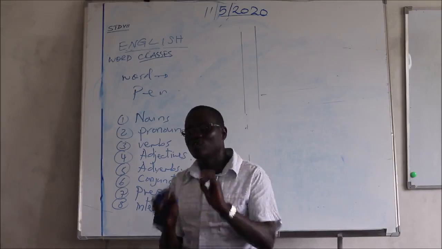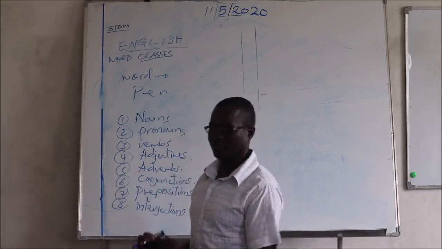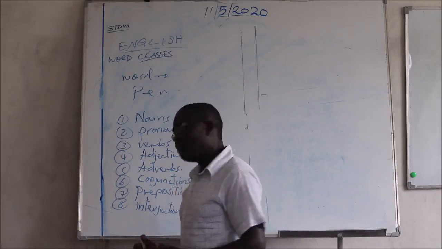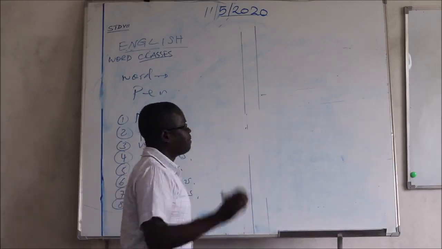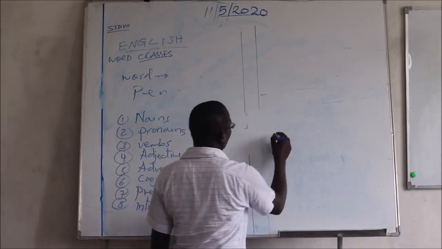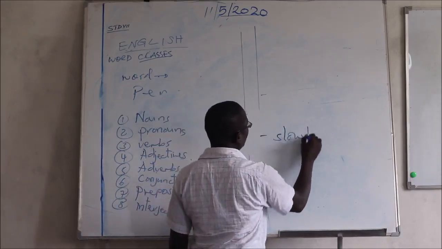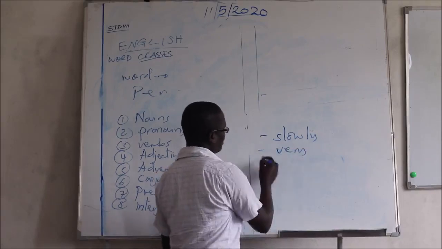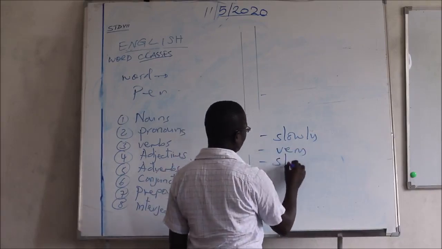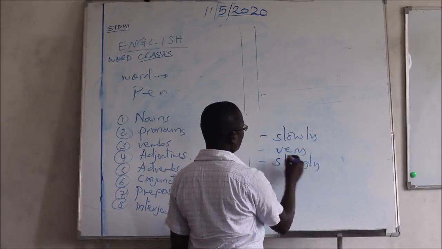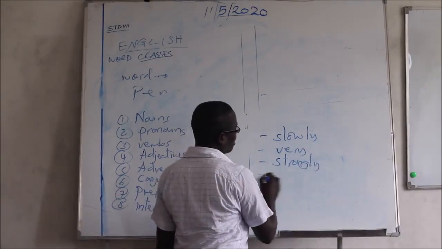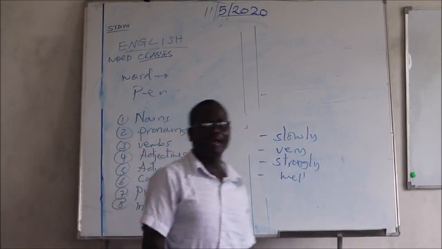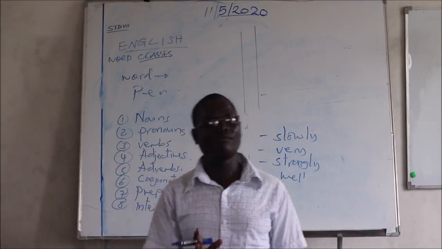Remember, I told you before, to describe means to give more information, to tell more about. An adverb can be represented by words like slowly, very, strongly, well, and the rest.